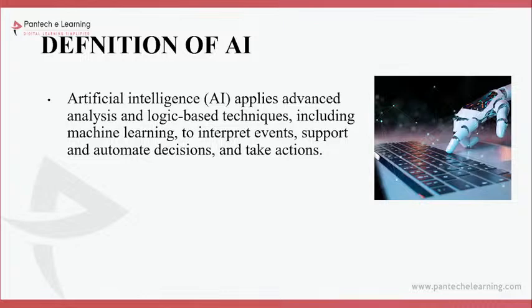If we have big data, we want a big analysis on the data. After that analysis, we can find the problem and the solution for that problem. For that, we want different types of logic-based techniques like machine learning. Based upon the algorithms in machine learning, we can take decisions and take actions in AI. So this is the basic definition of AI.